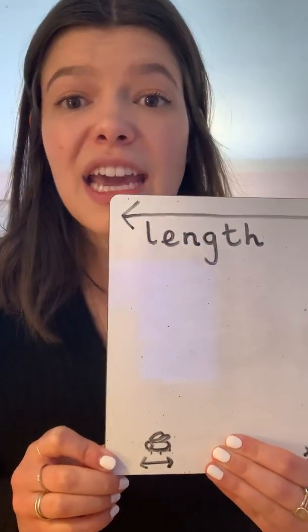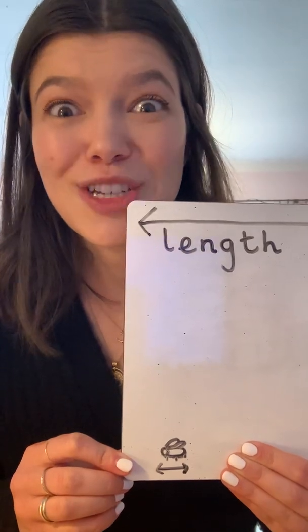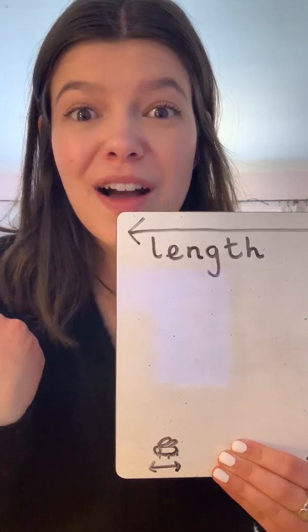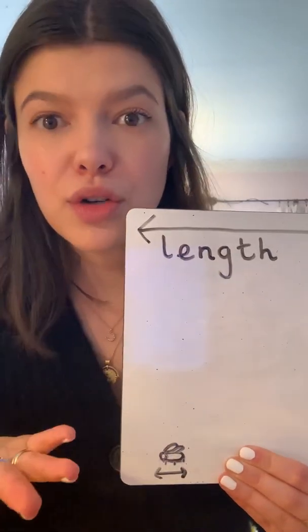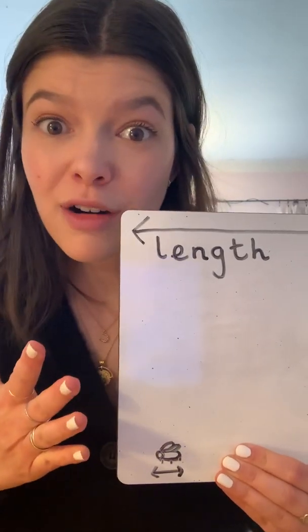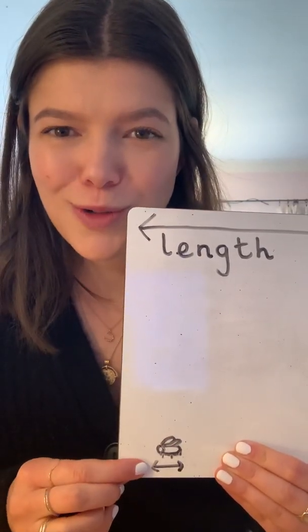So I can say the fly is short. Fantastic. We use short if the object, the thing or the person is not very long.